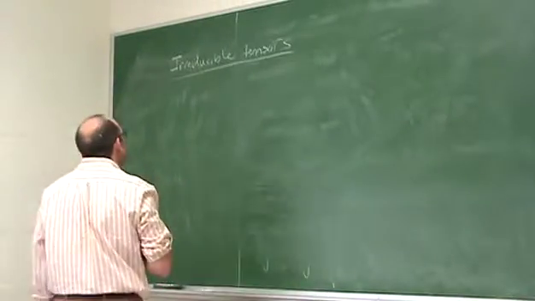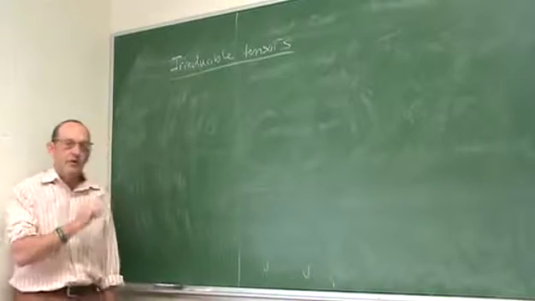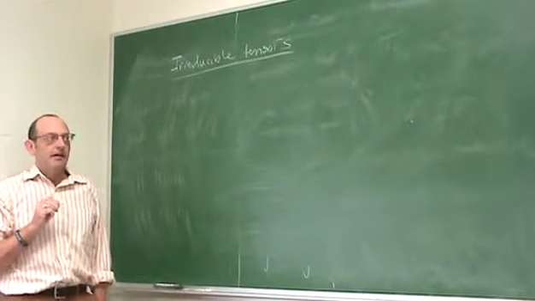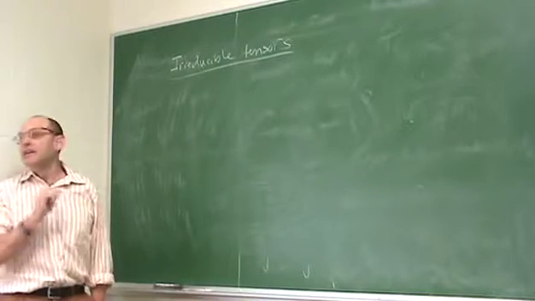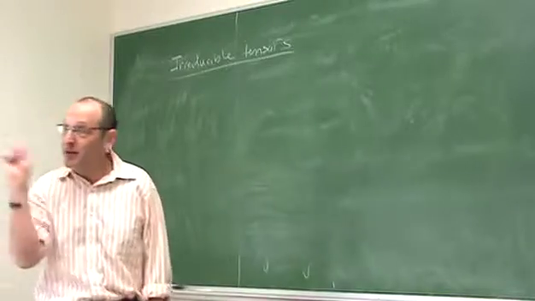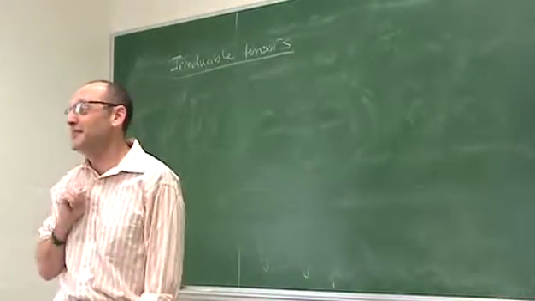The first thing that we did in order to think about irreducible tensors is that it's much more convenient to deal with this in a different basis, meaning a three-dimensional basis. I'm talking about a Hilbert space basis, a three-dimensional basis.